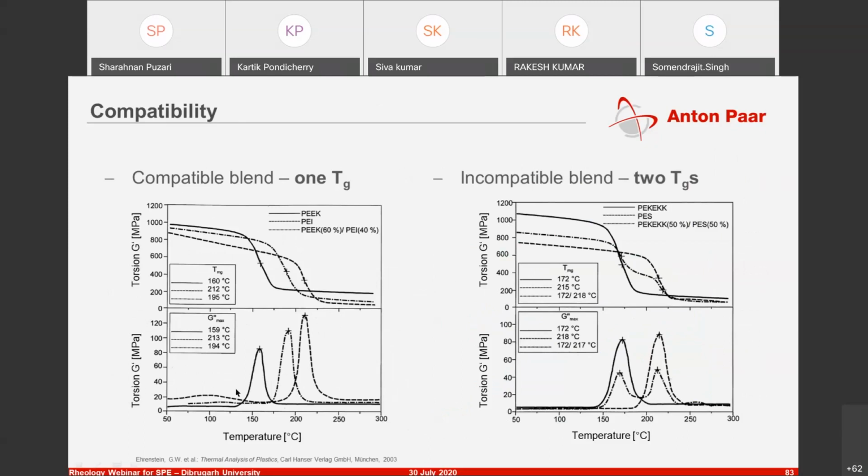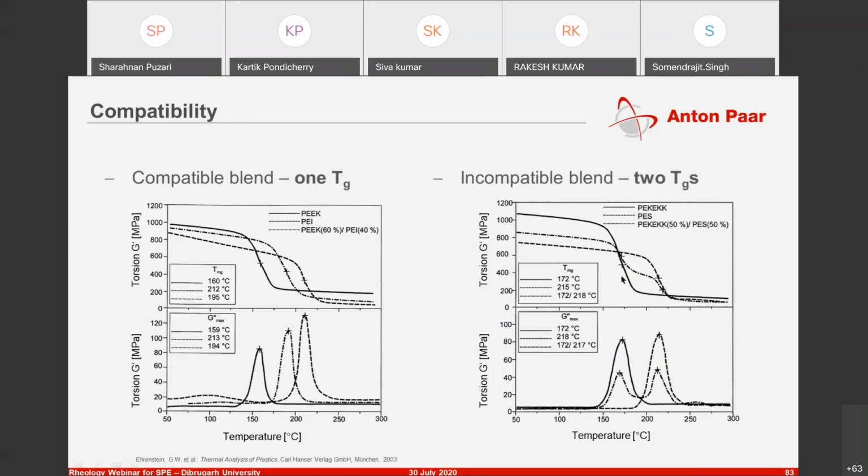Here you see PEEK, that's the solid line, then PEI, and then PEEK with 60% PEI, and each of them has its own single peak, which makes it a compatible blend.